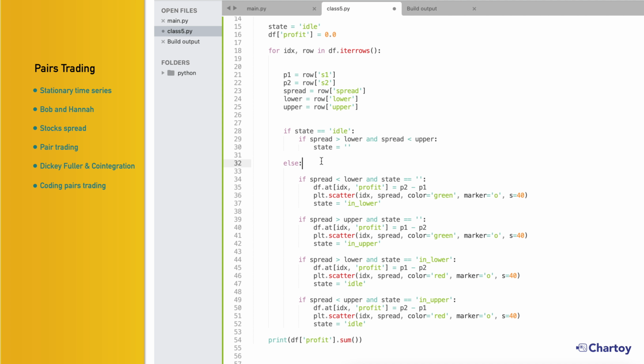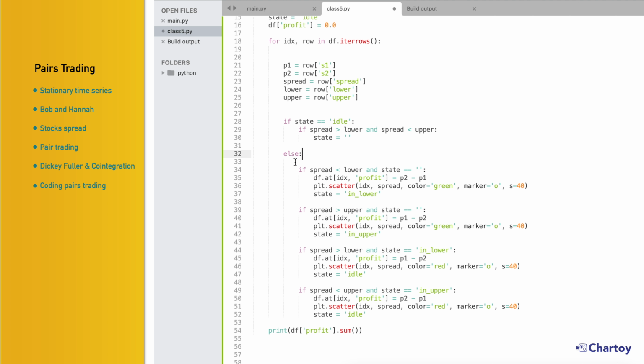So assuming the state changed to be empty, like there is no state, next, this else condition will happen because the state is not idle anymore. So we are ready to take a position.